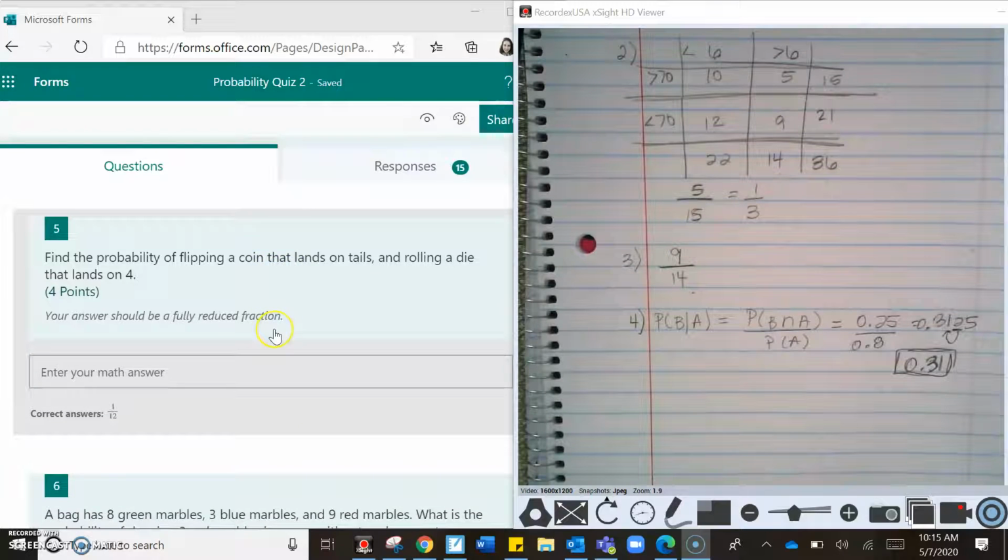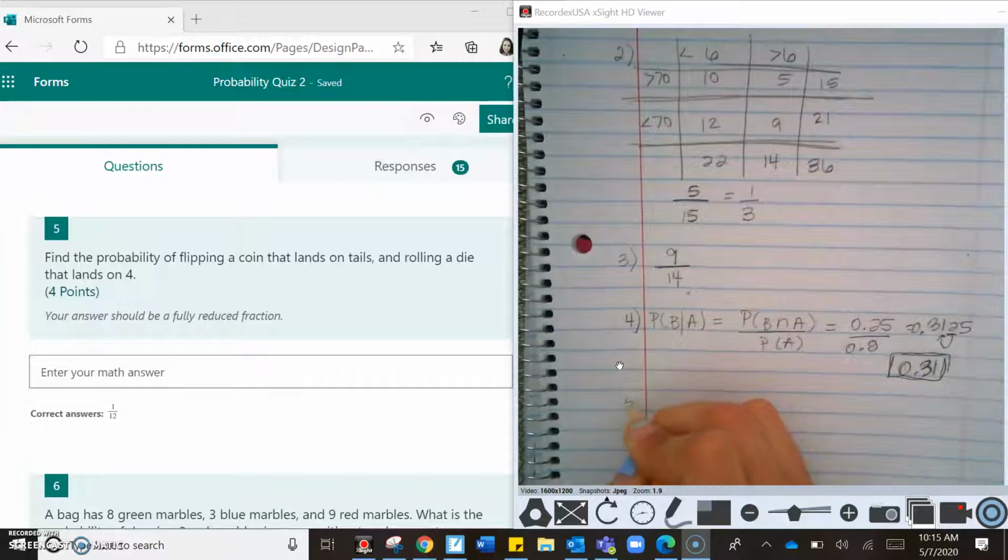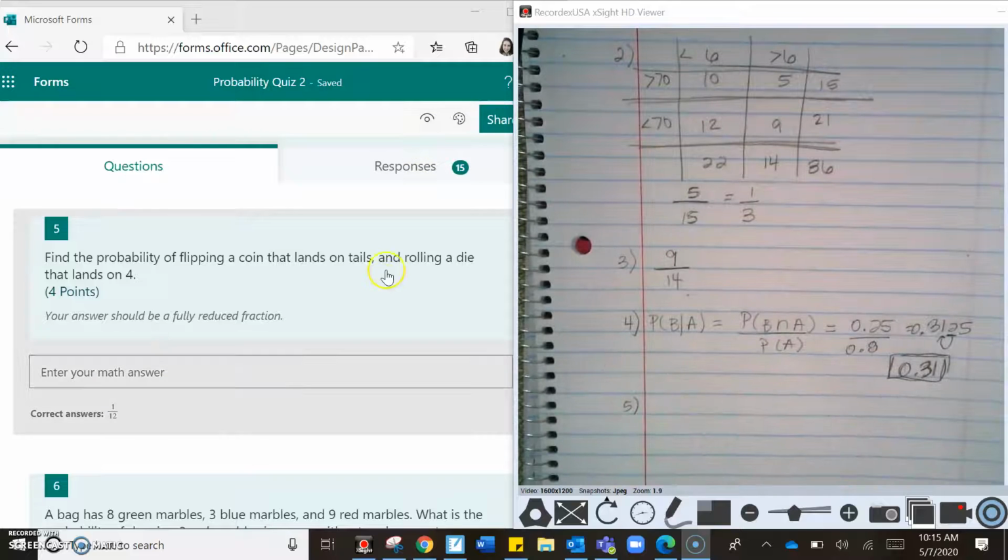Number 5. Find the probability of flipping a coin that lands on tails and rolling a die. When we see that word and, that's multiplication. Okay, we're having two events happen. Flipping a coin and rolling a die, those are independent events.